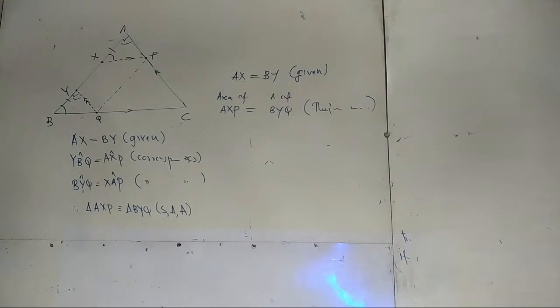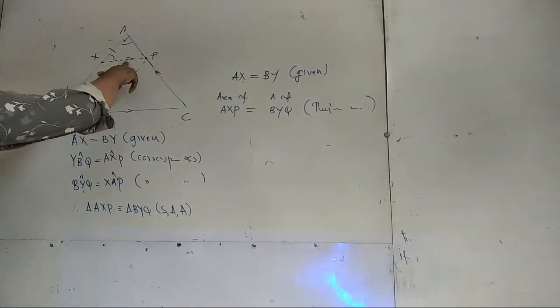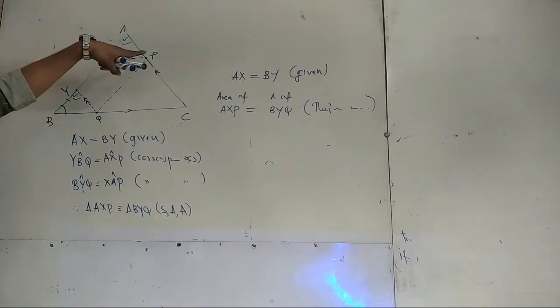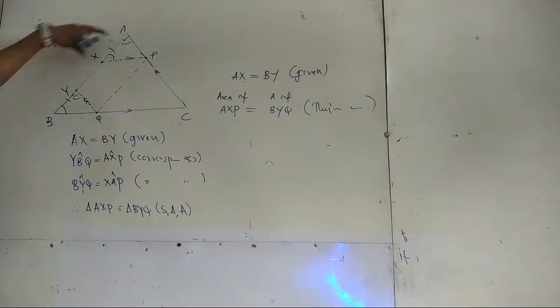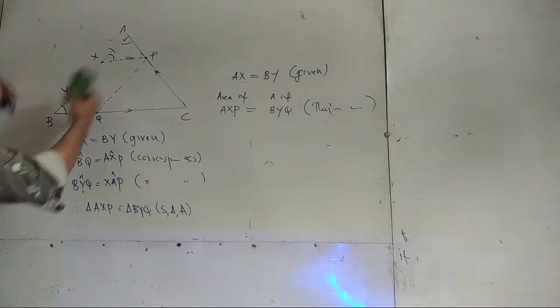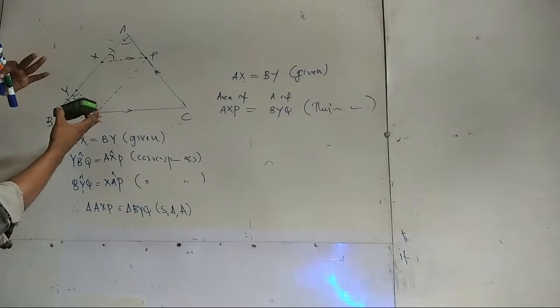That's why these two are parallel and these two are equal. Therefore, it's a parallelogram. What I thought was that the areas of these triangles must be equal, therefore the perpendicular heights must be equal, and with a common base they should lie between the two parallel lines. That's what I thought, but your method is good.